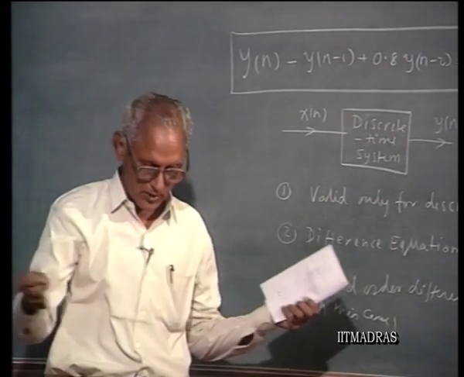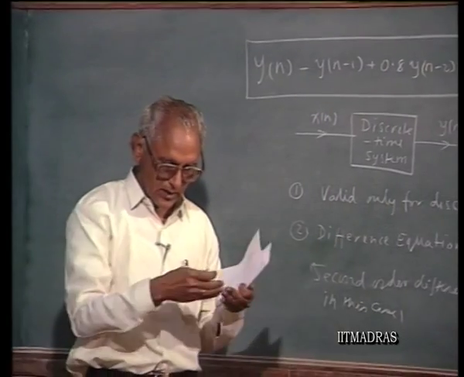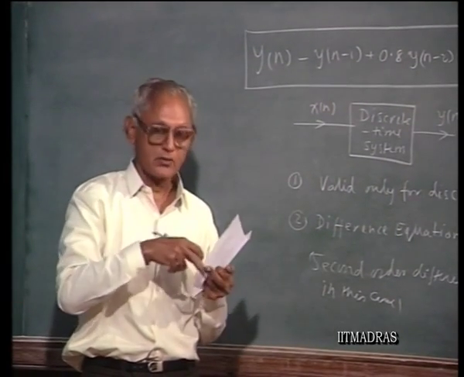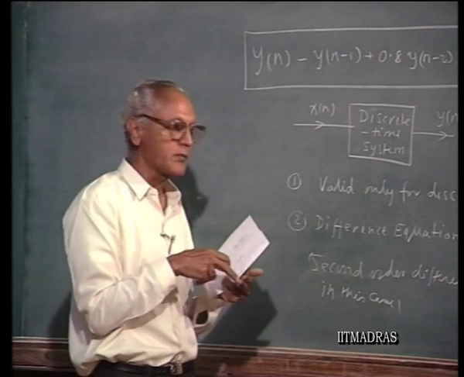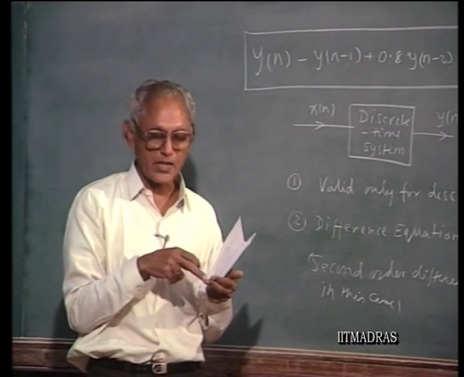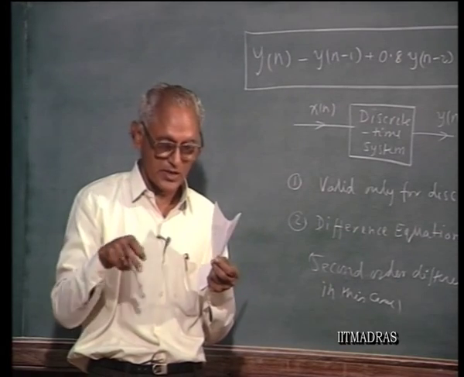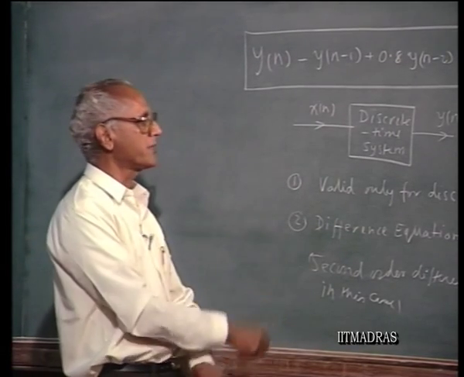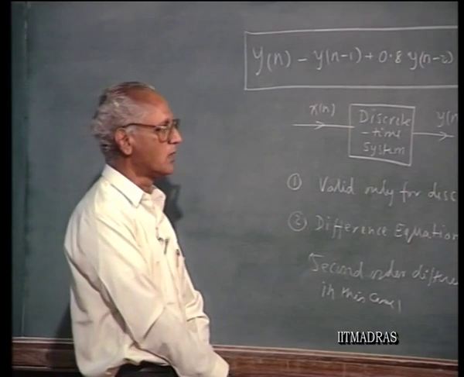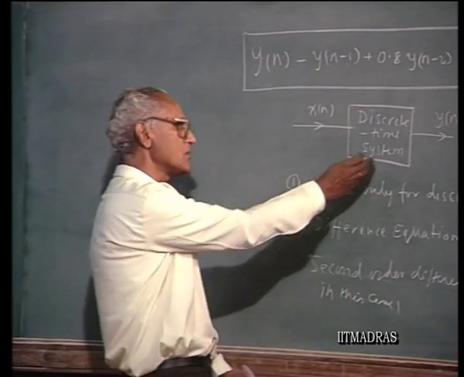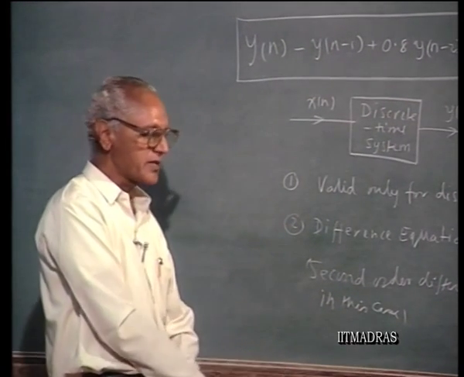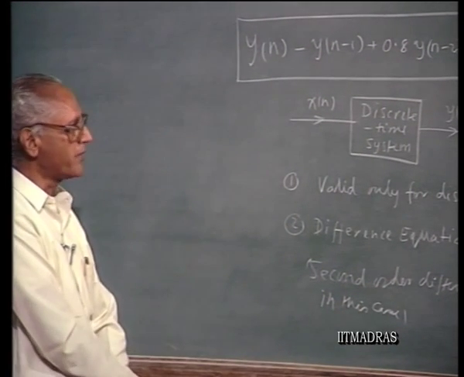For example, if you have got a line, you would like to graduate this, and you would like to have an equation which specifies the values of some kind of independent variable along discrete points along the line. The space coordinate can also be an independent variable. Even those systems are referred to as discrete time systems because this is a more common type of system. We can say discrete system, but we call it discrete time system even in that case.